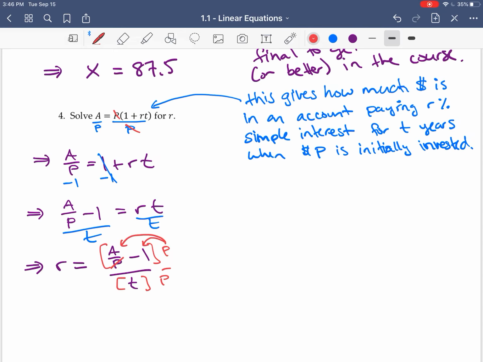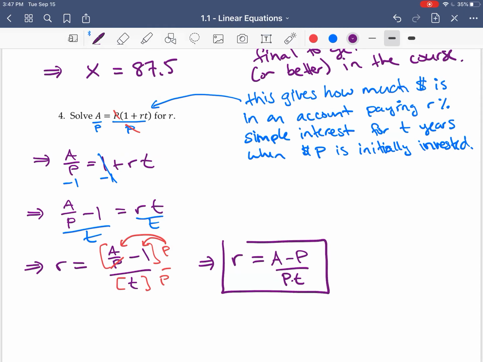Sorry, I lied, let me just start over. When we bring this p in, the p here is going to cancel, so I just get A. And then it also has to go into here. So on the top, I'm going to have A minus p, and on the bottom, I have P times T.